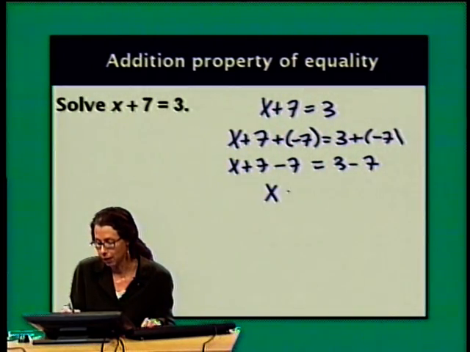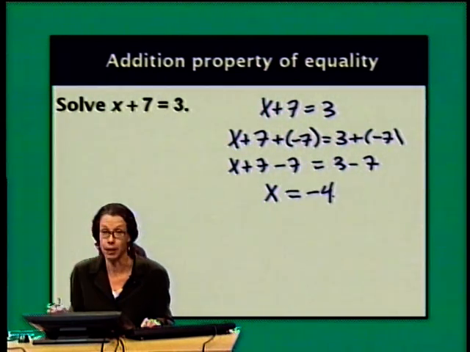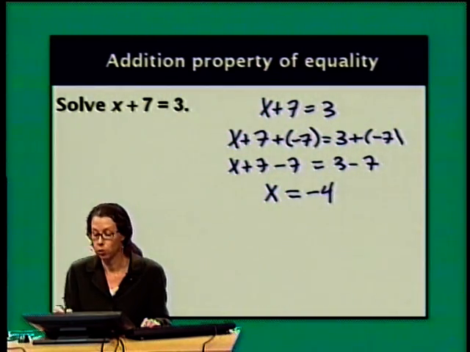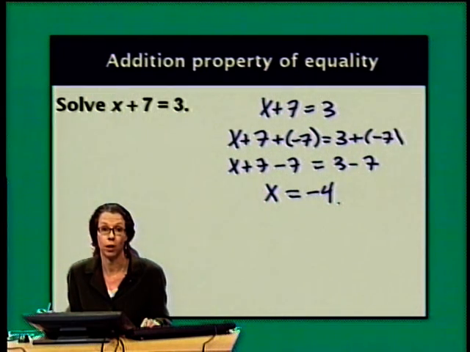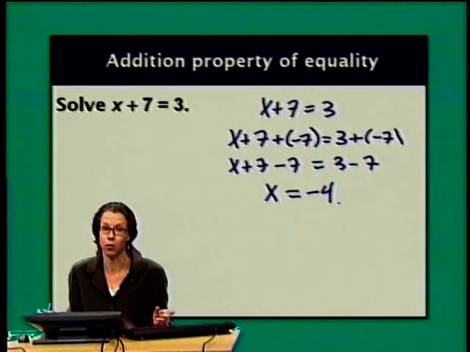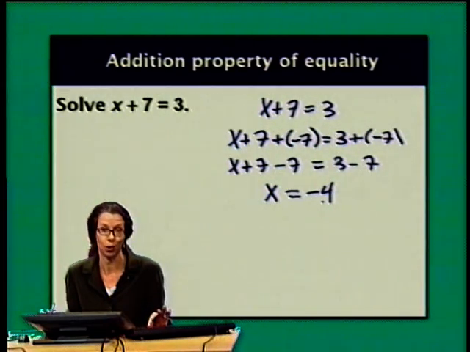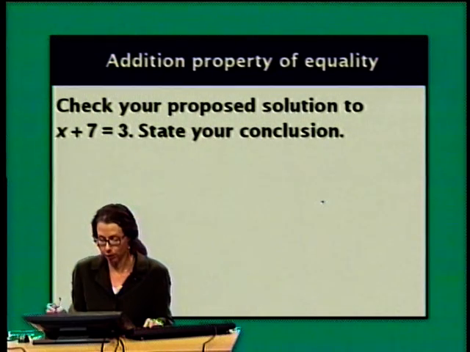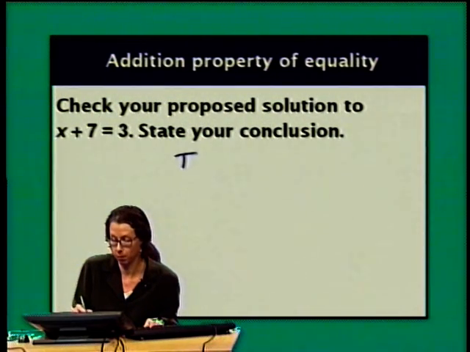So on the left-hand side I have x, and on the right-hand side I end up with negative 4. So I've come up with an equivalent equation in the form that I want, and the solution to this equation, x equals negative 4, is obvious. The solution is negative 4. So let me check this proposed solution.